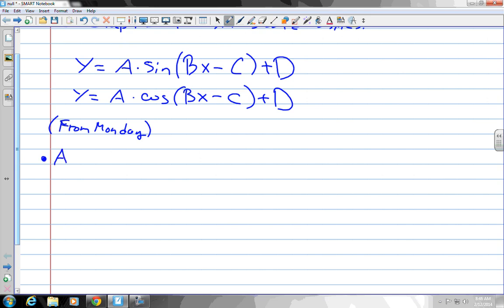A, what does A do? Right, and we actually call A the amplitude of that function, and we just look at the absolute value of A. Absolute value of A is the amplitude. If absolute value of A is greater than 1, then the graph stretches vertically.